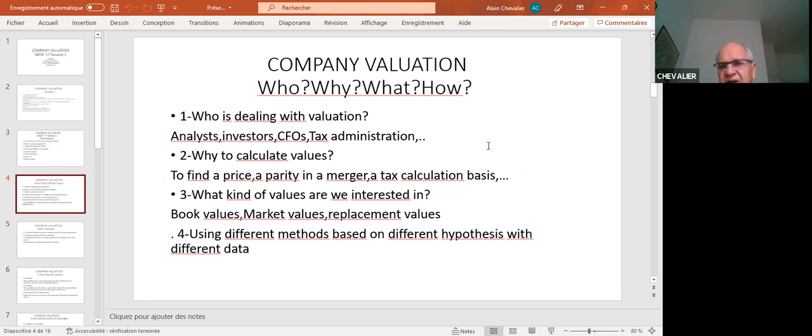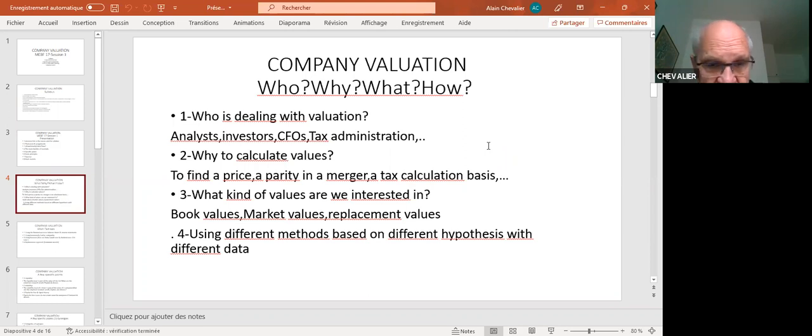Now, what kind of values are we interested in? You can say we have at least three kinds of values we are interested in. The first one is book value, of course, and book values are calculated through methods applied to the balance sheet and the income statement.